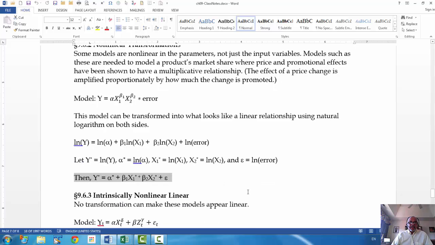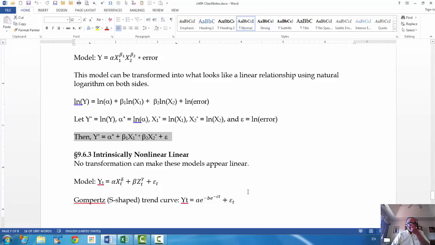Then finally, the third category is when you have a function that simply cannot be linearized even with transformations. Something like this: alpha times x to the power of delta, plus beta times z to the power of gamma.